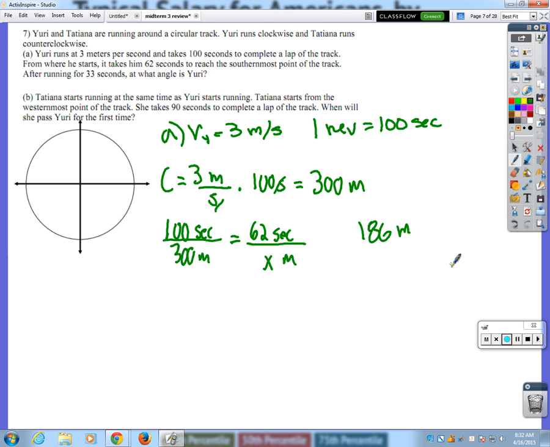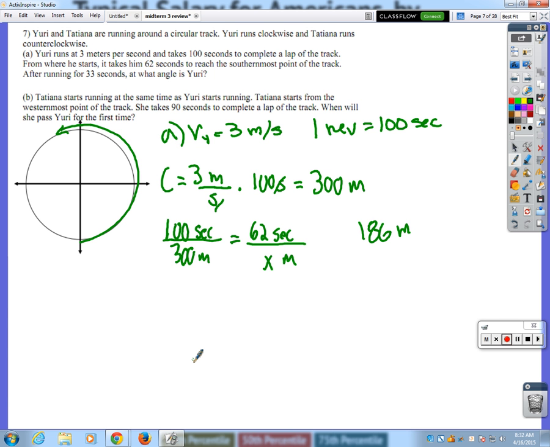No, that's right, because it was time. Okay, so in 62 seconds he goes 186 meters. So he's 186 meters this way, right?